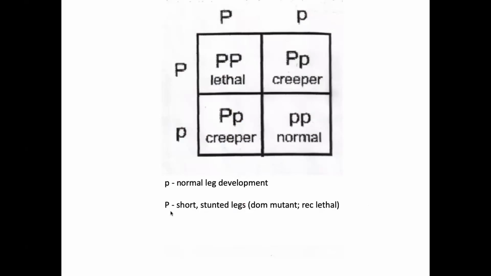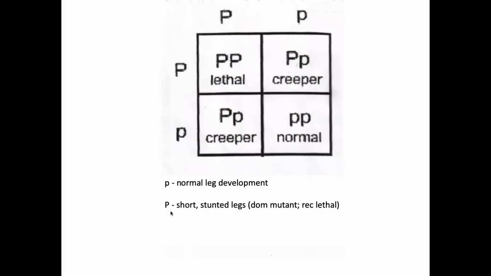And what that would also suggest is that the creeper phenotype is dominant to the normal leg phenotype. So the first point is that you can never recover a pure breeding creeper, suggesting that they're heterozygous, and then you draw those conclusions.